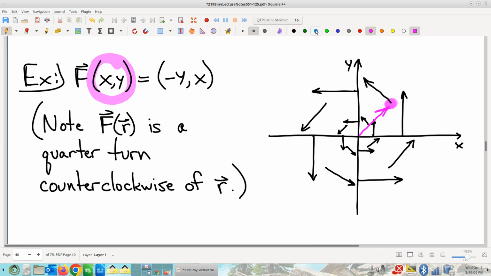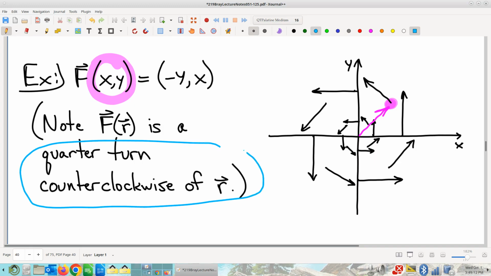Here's an assertion I'm going to make. If I take that position vector and do a quarter turn counterclockwise, let's think, before I finish that sentence, how would I do a quarter turn counterclockwise?